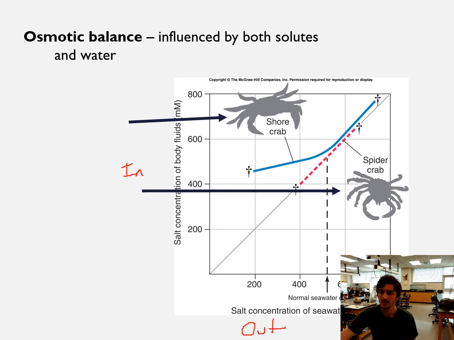So you can see that spider crab, the one that we consider stenohaline, survives a very narrow range of salinities. It only tolerates from roughly 400 to about 450 or 650, whatever units of salinity this is. Normal seawater is roughly around 30 parts per thousand.